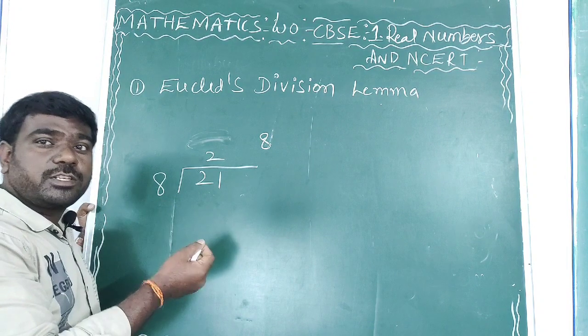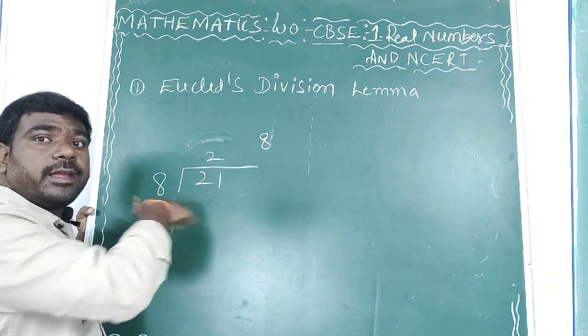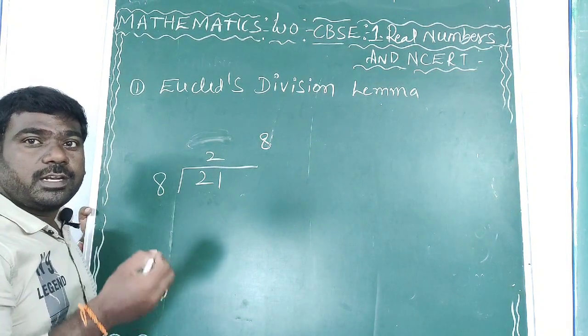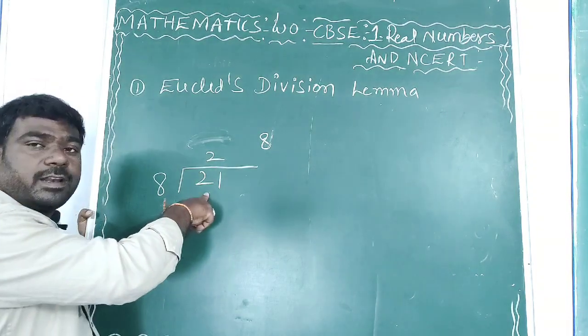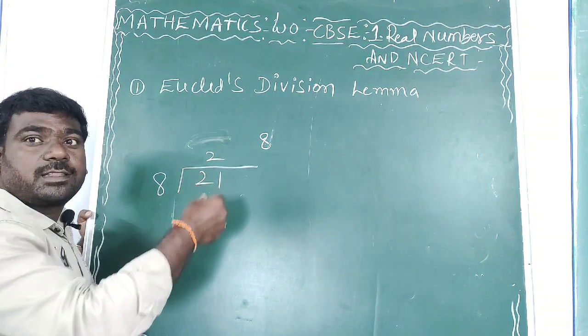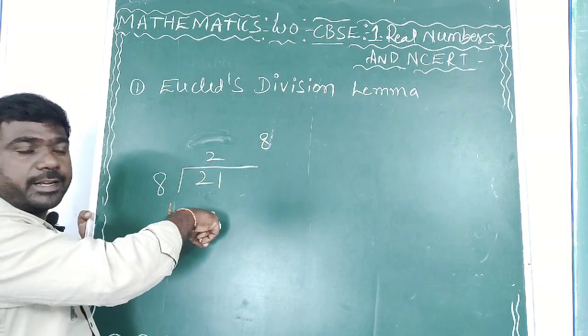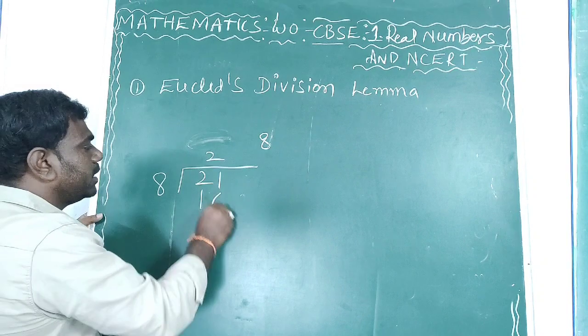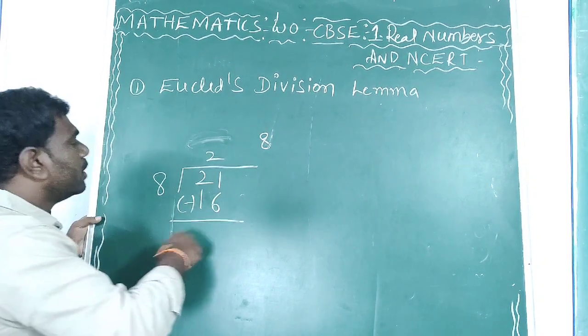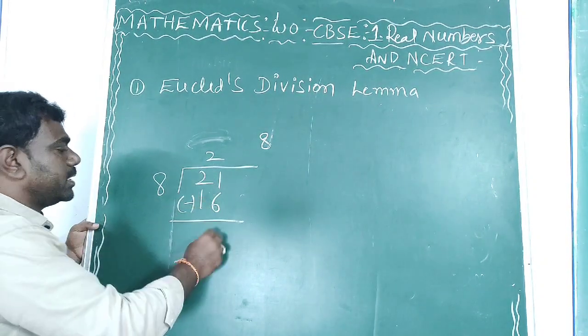It is the nearest number to 21. 8 threes are 24, which is greater than our given dividend. That's why we always take the nearest number, or equal to the dividend. So the nearest number is 16. Now 21 minus 16 is 5.